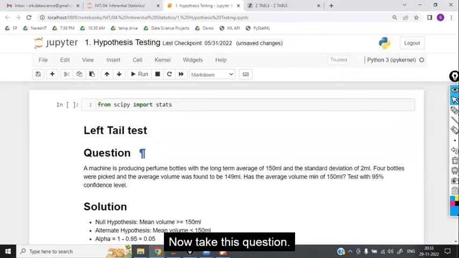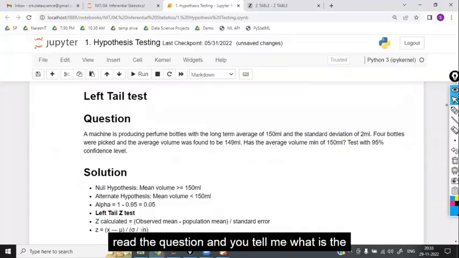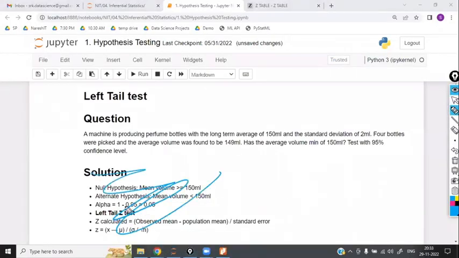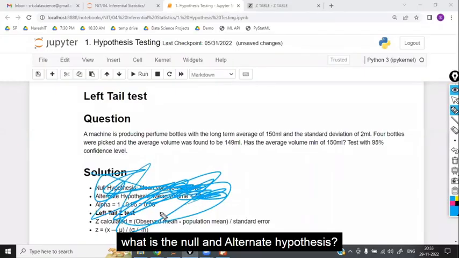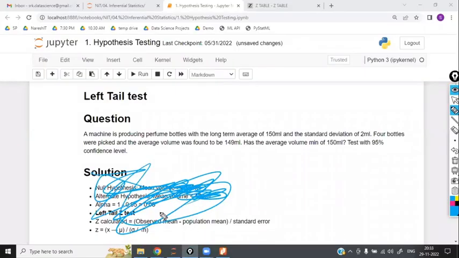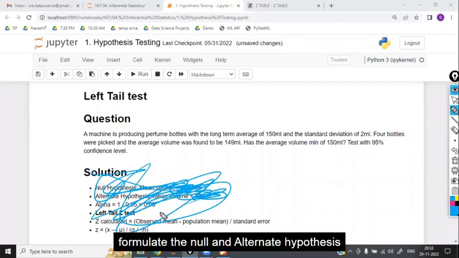Now take this question, read the question and tell me what is the null and alternate hypothesis.